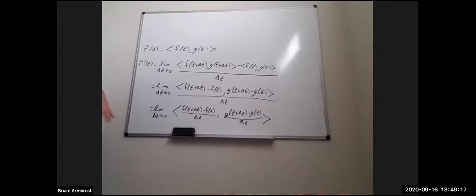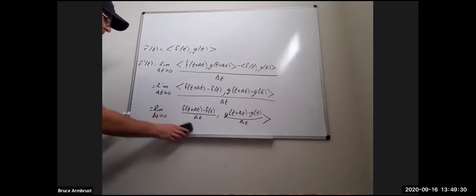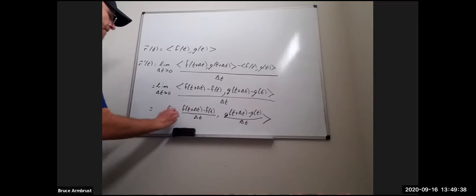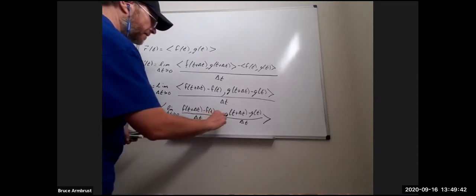So we saw last time that if you're going to take the limit of a vector value function, you take a limit of the components individually. So if we were to move that limit in here, let me just do it real quick. We have the limit as delta t goes to 0 of that f, and then similarly a limit here.